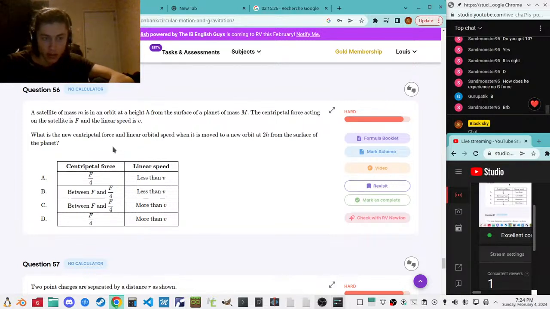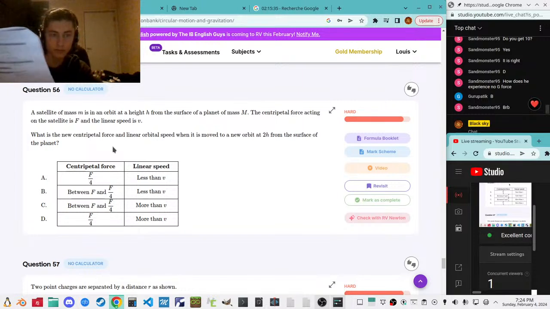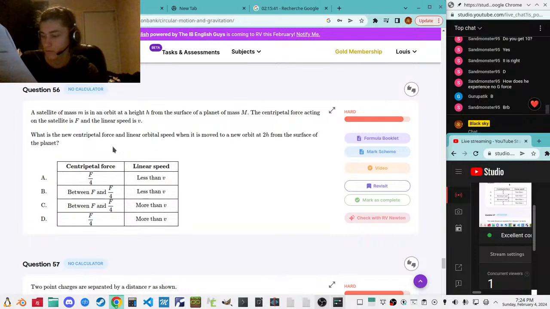Let's see what we can do. We can look at the equations. So the height is doubled, right? So r is doubled, and we want the centripetal force. If r is doubled, then the force is divided by 2 normally, isn't it?